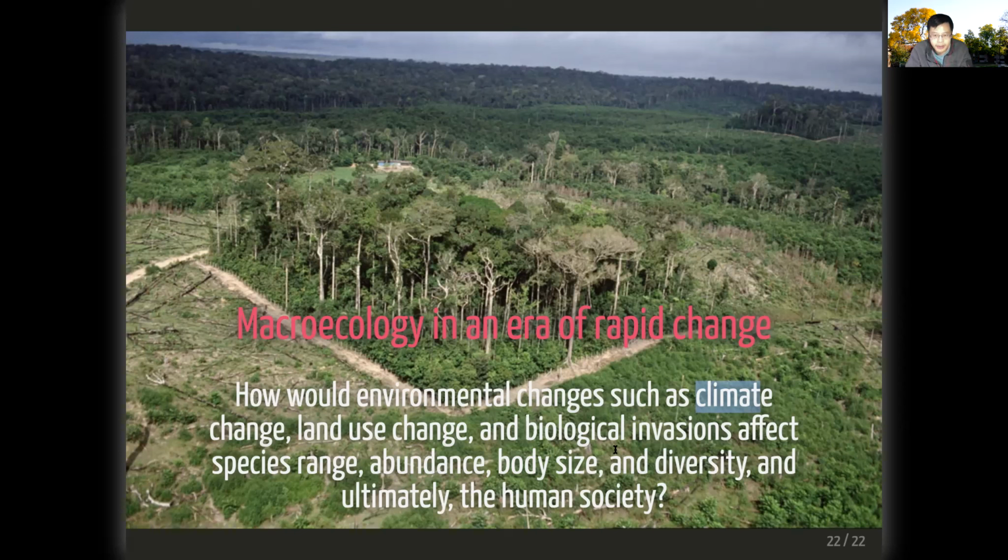But that's climate change. What about land use change, like urbanization? How is urbanization going to affect body size? Well, in urban areas, potentially it's going to be warmer than rural areas, so suppose the species in urban areas are going to be smaller.